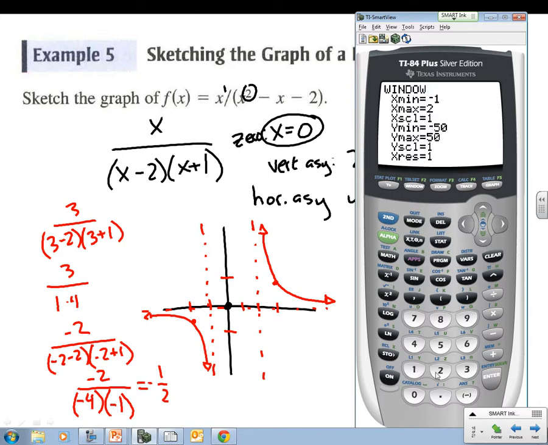Not quite as much, -100 to 100, just zooming out, zooming out, zooming out. And it's just doing more and more of this. Let's see if it works better if I make this a little wider for us.